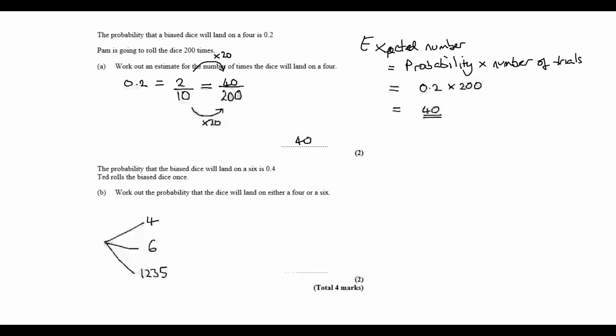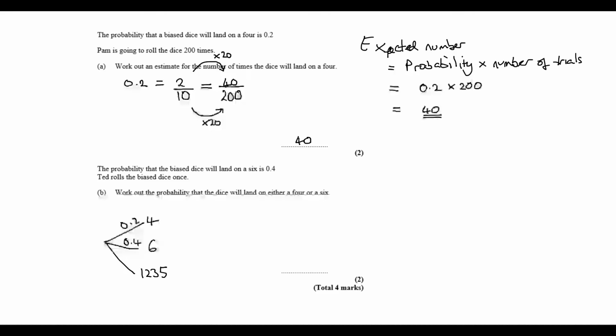Okay, now probability of 4, we're told in the first part, is 0.2, and the probability to get a 6 is 0.4. Now, 4 or a 6 means we can go down there or there. So the chance of going down there or there, 2 out of 10 times we go along there, 4 out of 10 times we go along there.